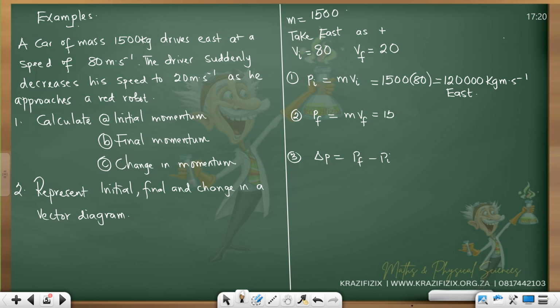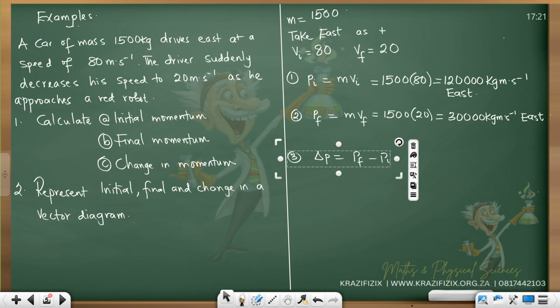The second one, 1500 multiplied by 20. All right, so that's 30,000 kilogram meters per second, also east, because it is positive. Number 3, what is our change in momentum?